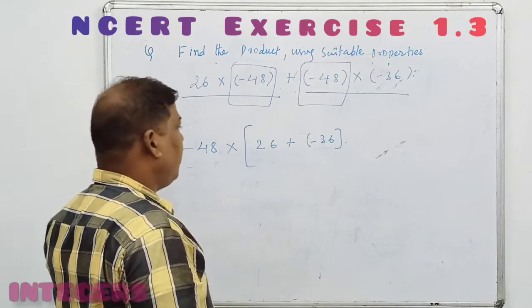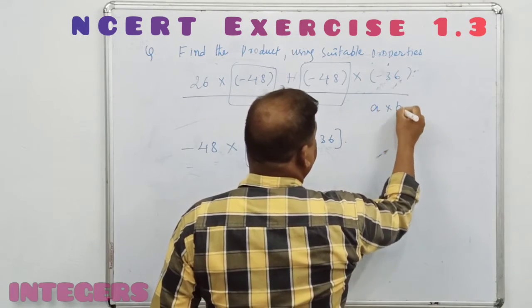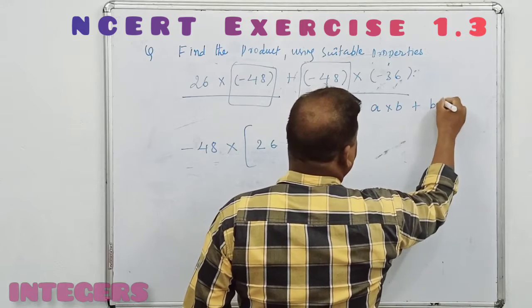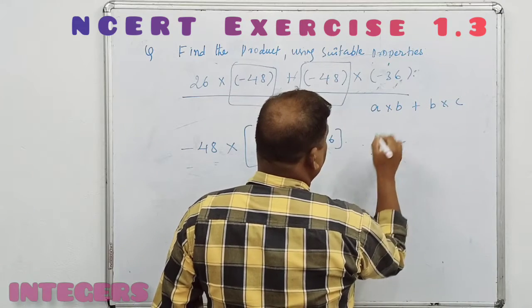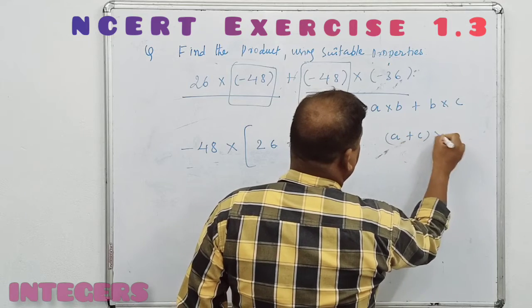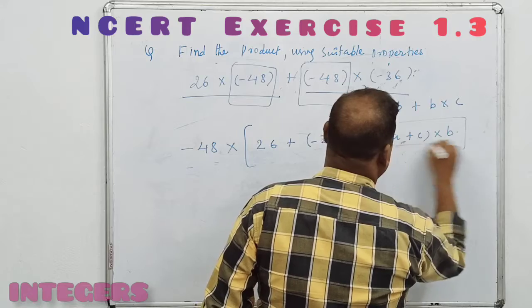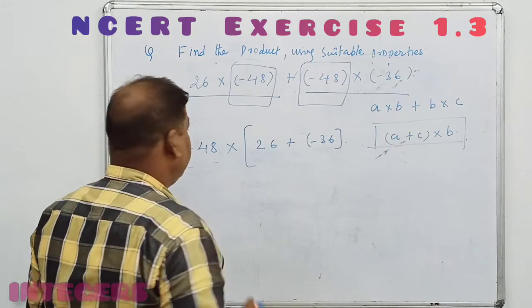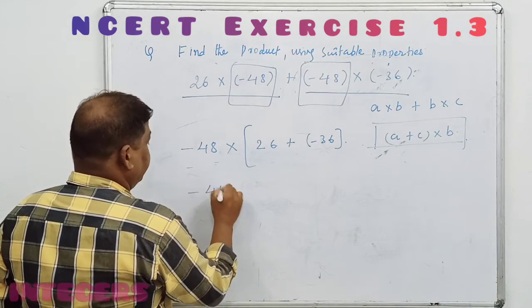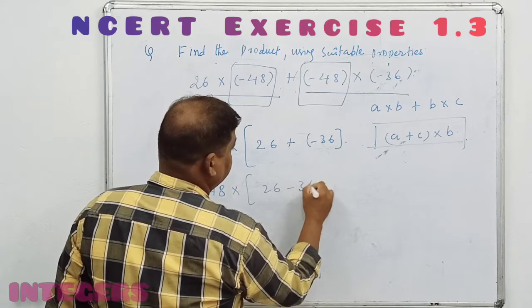So it is in the form of the distributive property, A into B plus A into C equals A into B plus C.